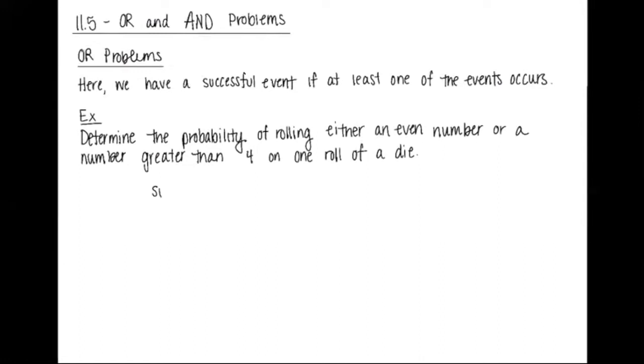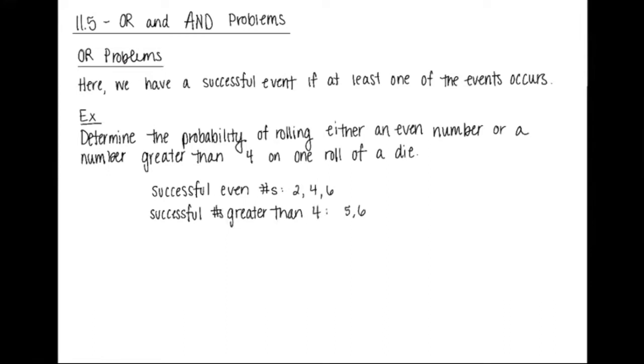So let's start by listing out, because there's only 6 possible options. What are our successful even numbers? 2, 4, and 6, perfect. And what are our successful numbers greater than 4? 5 and 6, perfect.